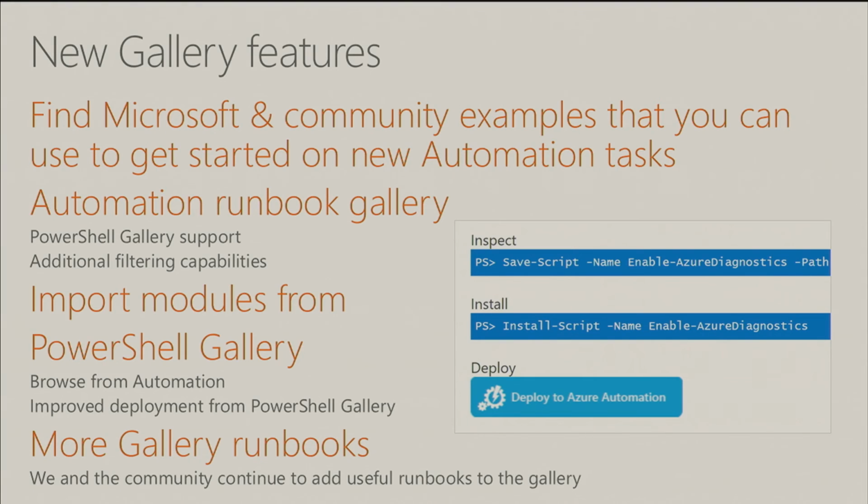And not only can you access that and go to the website and click the little blue button to deploy straight to the Azure portal, you can actually access it in the Azure portal, making it easier than ever to get started with Azure Automation. And the best part is you get to leverage the work of Microsoft and community as we continually update these repositories.